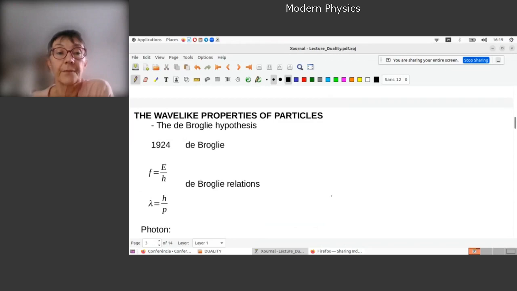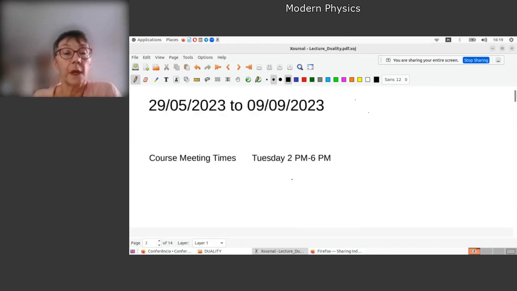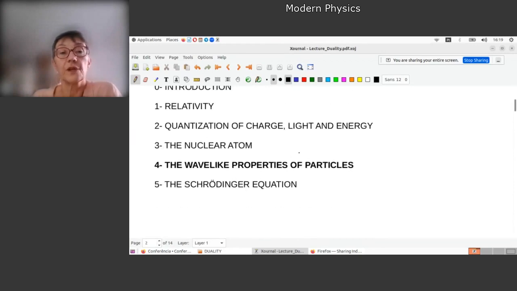We have seen the quantization of light before, the quantization of charge, light, and energy. Particularly, we have seen that light has a particle behavior.